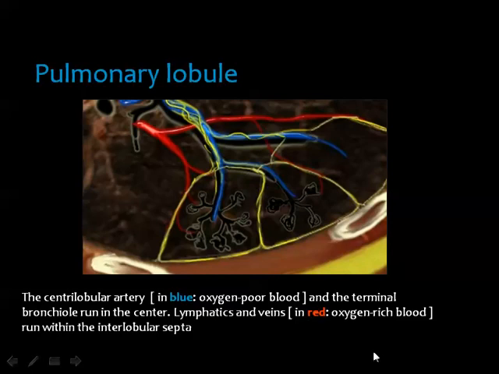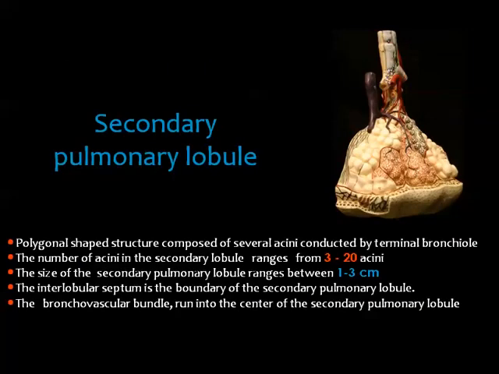Then you know all about the pulmonary lobule, which is hexagonal in shape, and it contains one of the pulmonary artery branches and pulmonary veins and some of the respiratory bronchioles. And this can be, let's say, seen in the CT, but in conjunction with other lobules, as I will demonstrate to you.